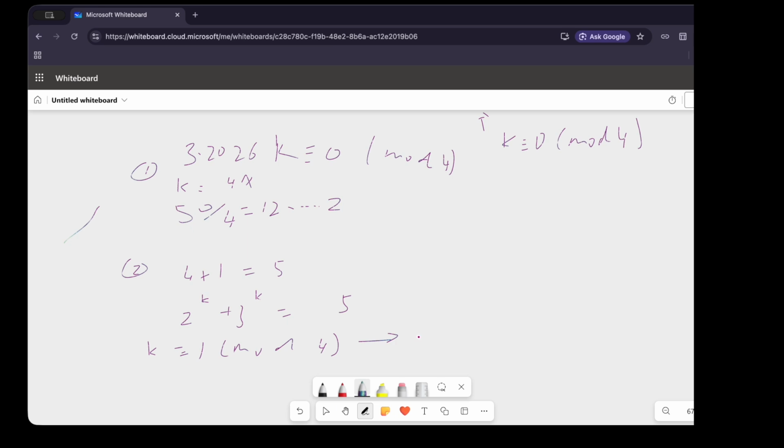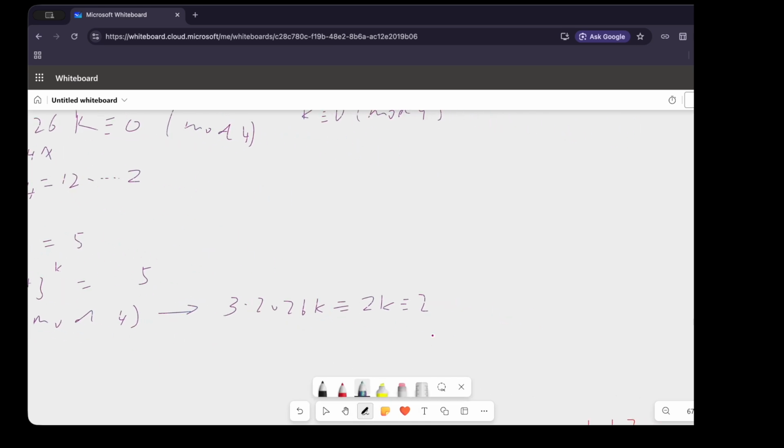And this leads us to the exponent part of the 2, which is 3 times 2026k, congruent to 2k. Since 3 times 2026 is congruent to 2 modulo 4, 2k is congruent to 2, since k is 1 modulo 4.